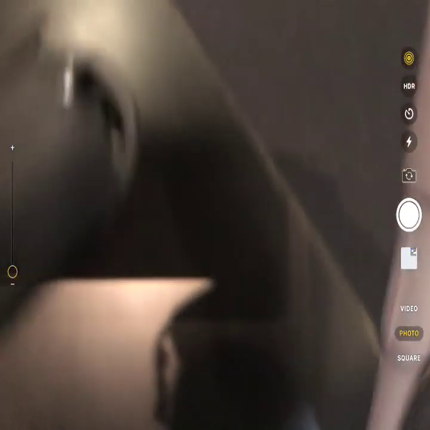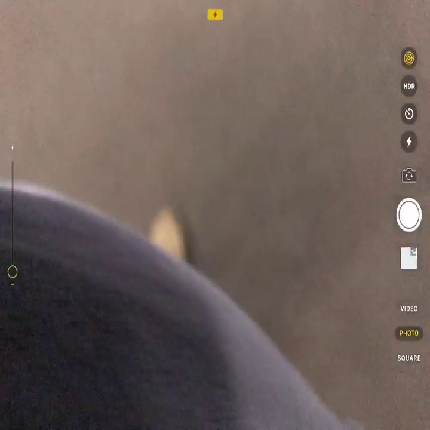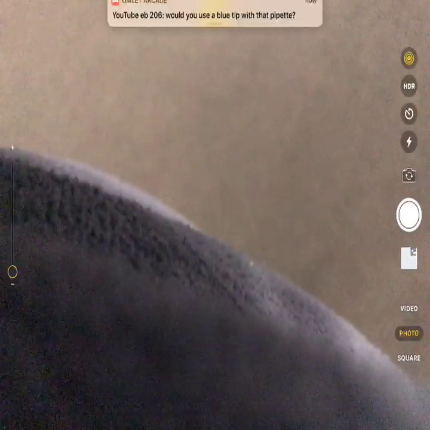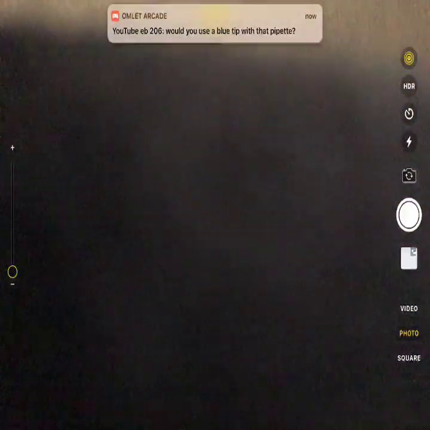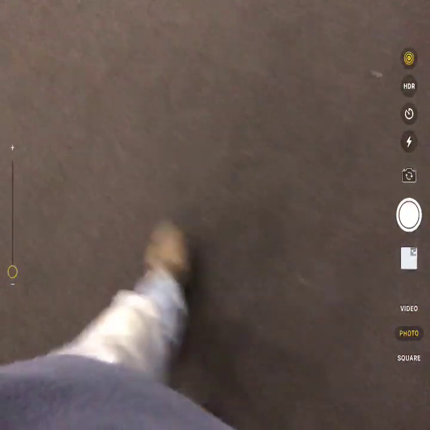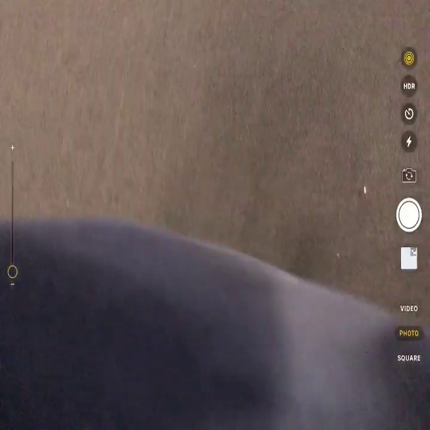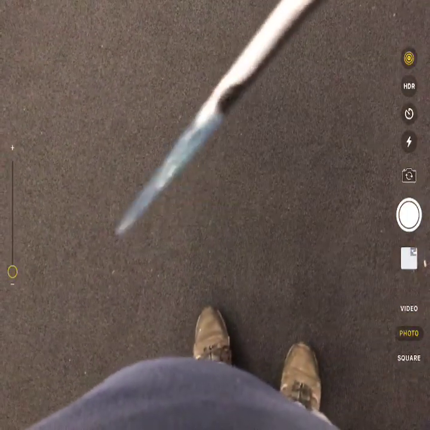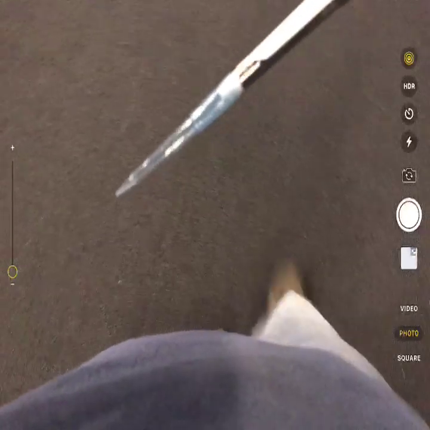So a blue pipette requires a blue tip. Would you use a blue tip with a blue pipette? And the answer is absolutely yes. So here now the pipette has the blue tip.